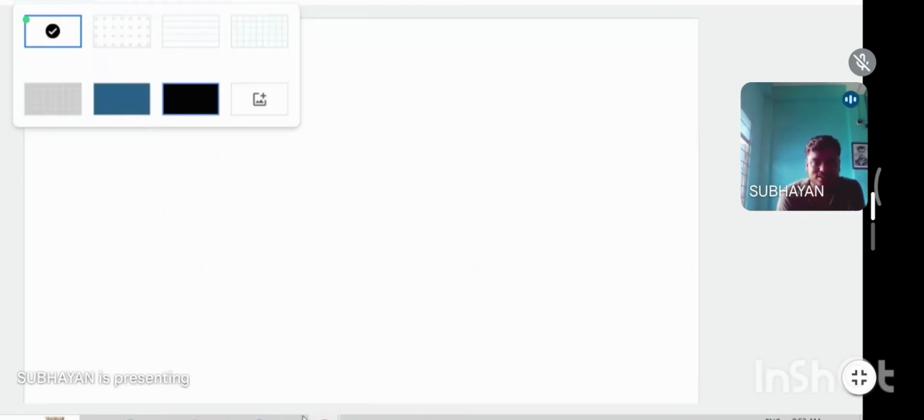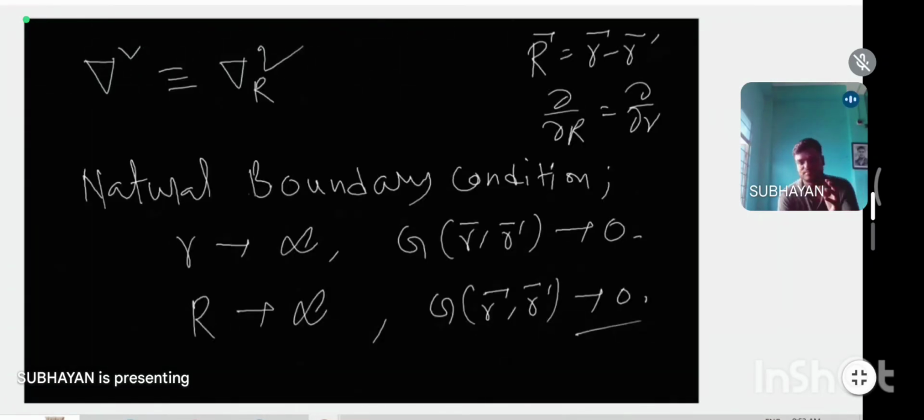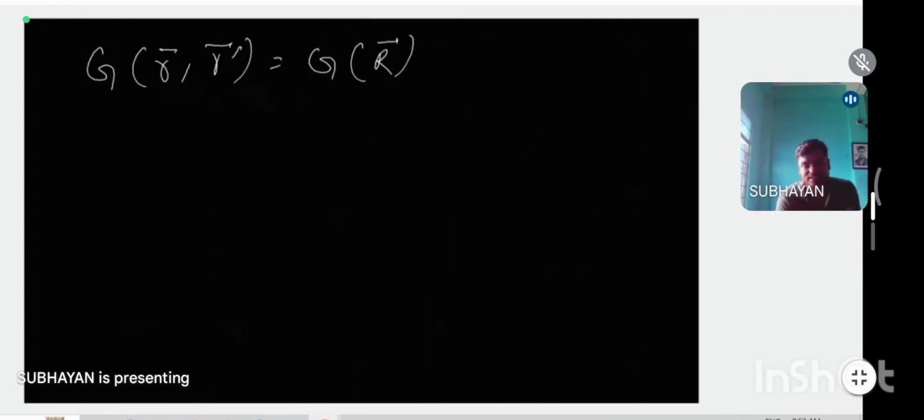So may I not write G(r, r prime) to be a function of R? The natural boundary condition and the operators both are satisfied and compatible with the coordinate transformation from r to R. So naturally you can write G(r, r prime) as G(R).